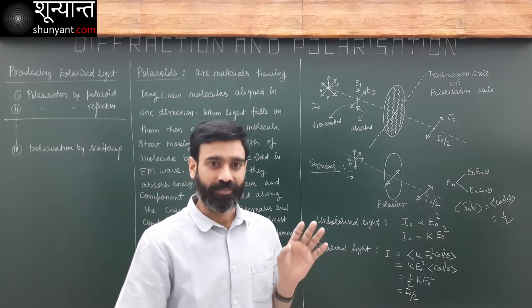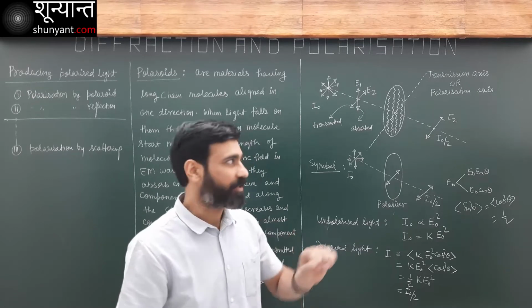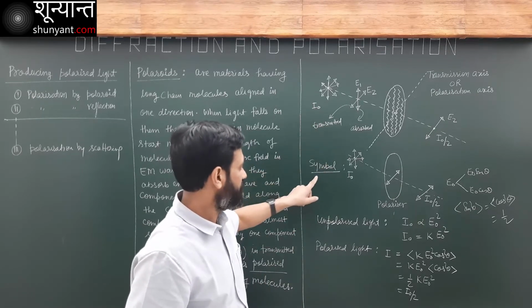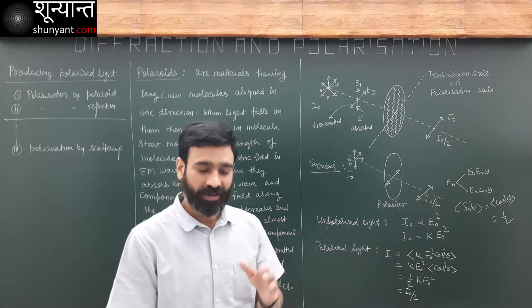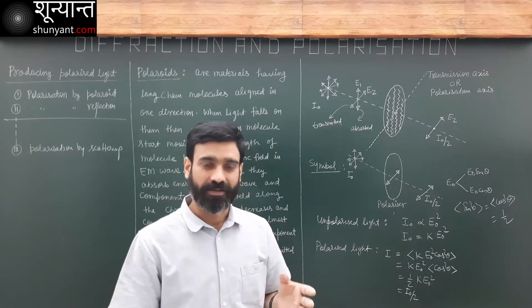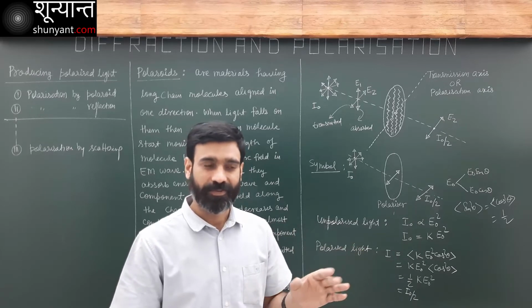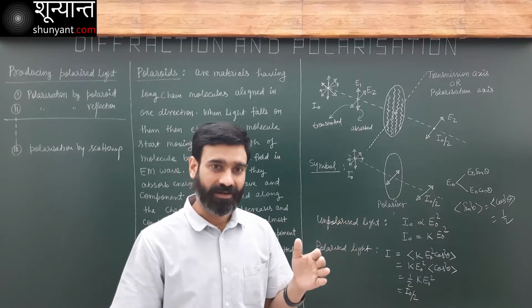When unpolarized light is passed through a polarizer, the intensity is going to become half. Directly half. 50% is absorbed, 50% transmitted.